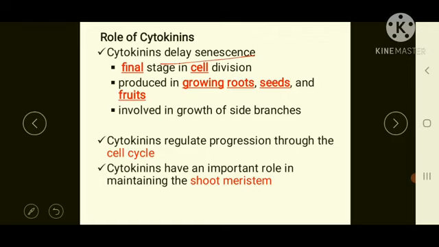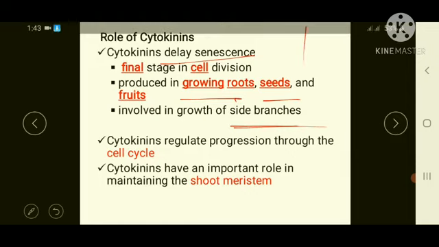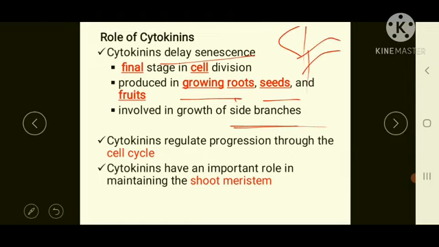It is produced in a growing root, seed, and the fruits. Also, it is involved in the growth of side branches. If the plant bears a new branch, it does so by the help of what?